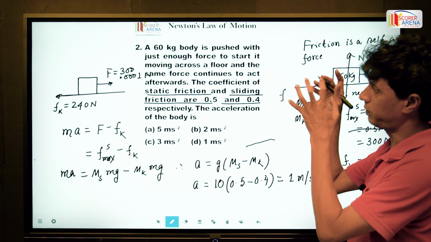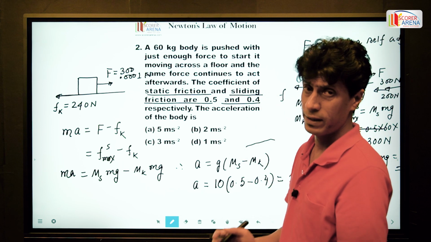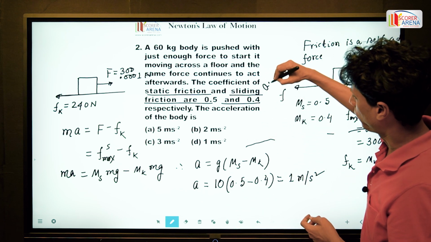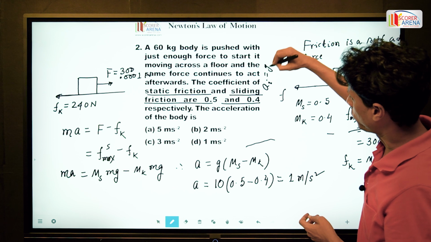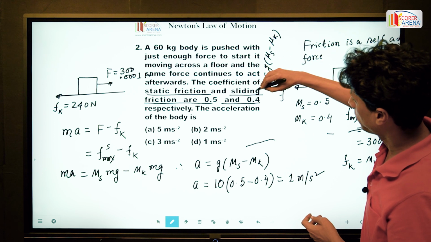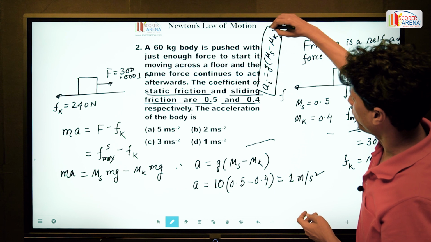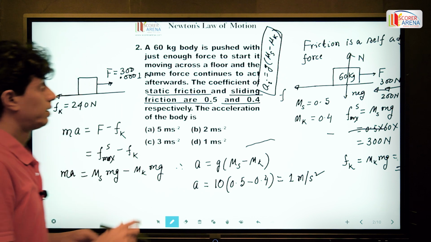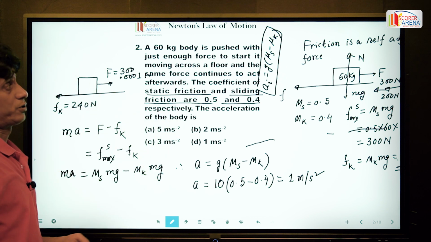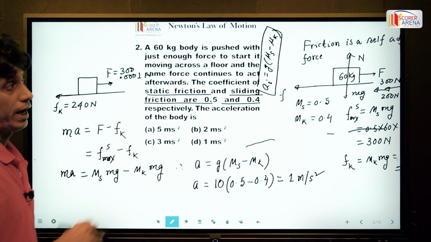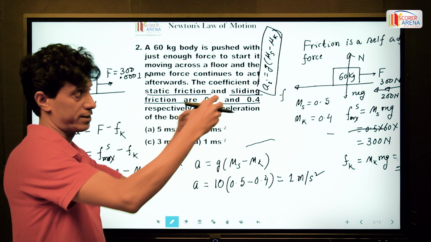So in this type of problem, just keep in mind that the initial acceleration is always g times (mu s minus mu k). It is the initial acceleration when the body is under a variable force, or the force acting on the body continues to act afterwards and goes on increasing slightly.